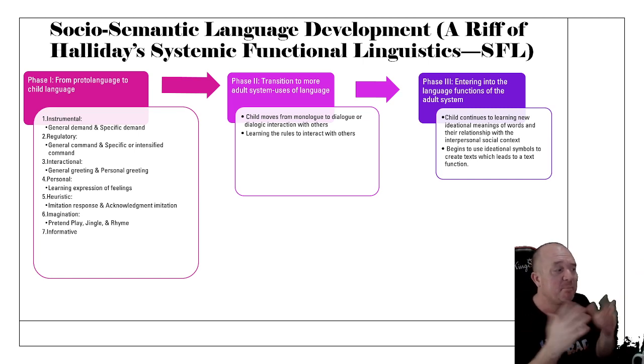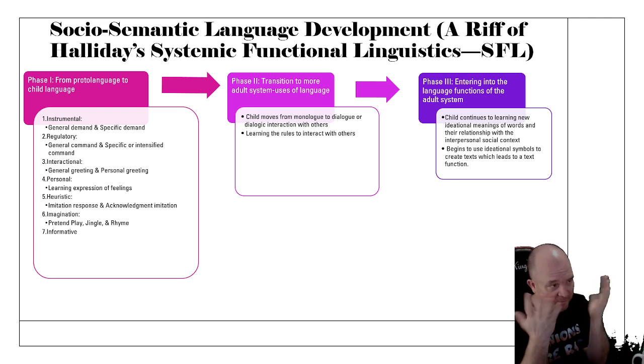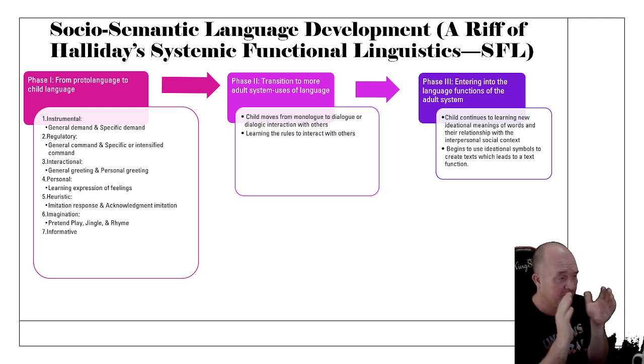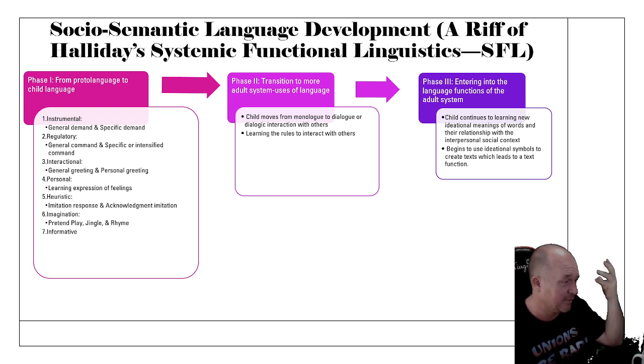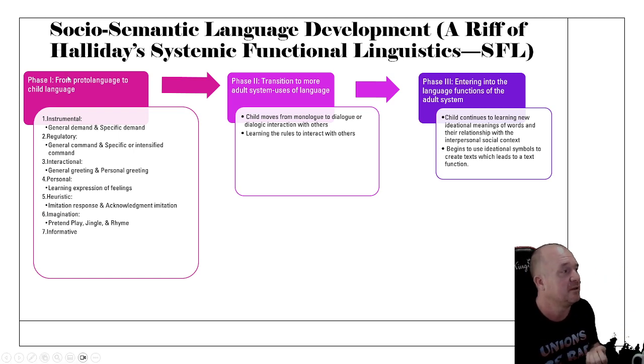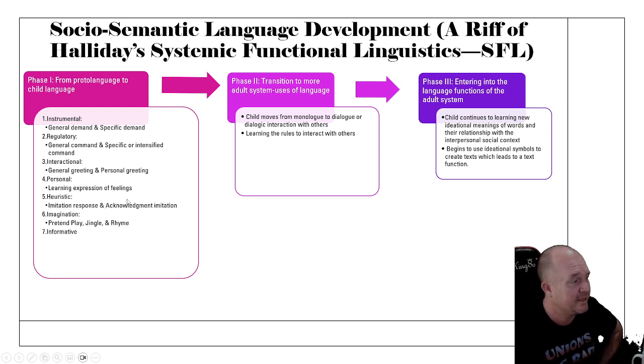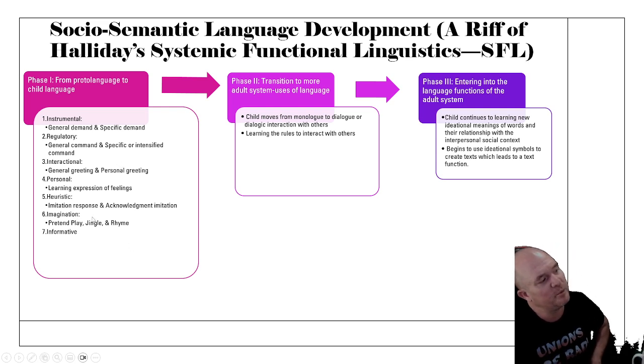So even peekaboo games, like the peekaboo that caregivers play with children, are an important language development game to develop the proto-language to child language. So even again at a young age, these are activities that you would help develop. And then children will move into imagination.